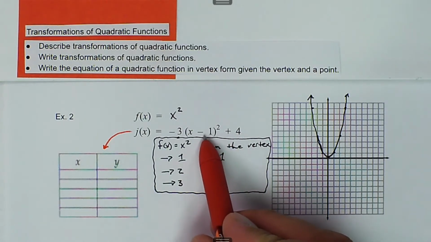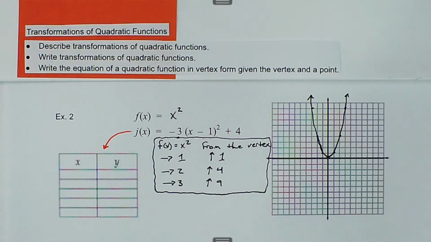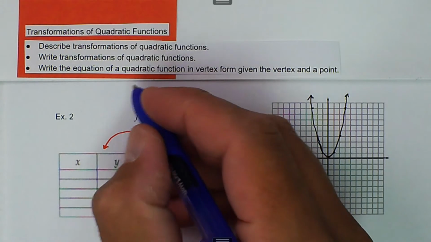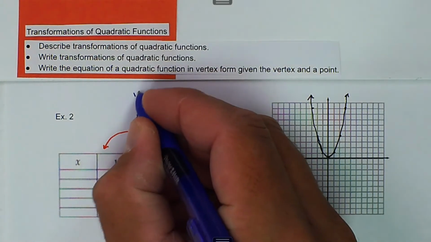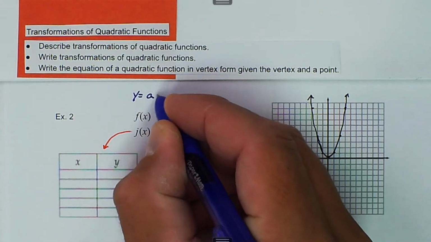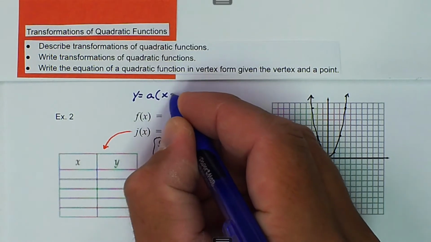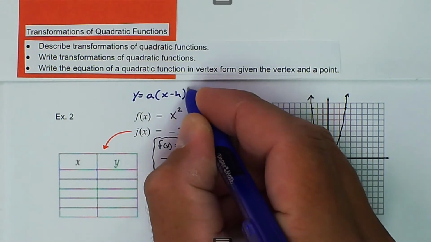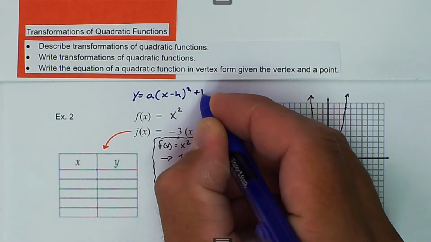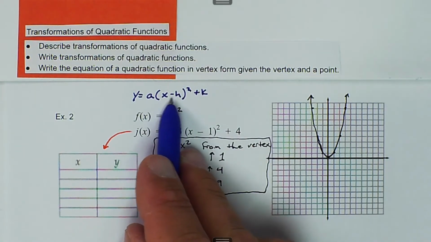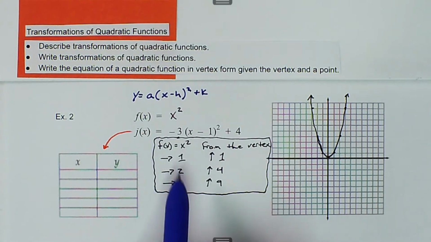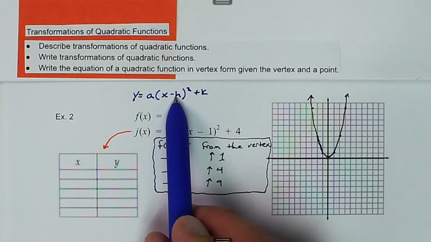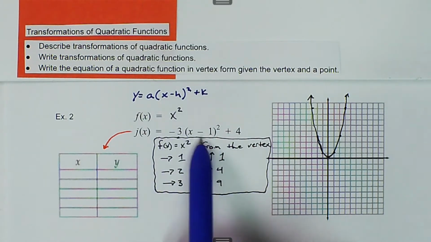Even though it looks like -1 here, remember this is backwards because the original function that we're given is y equals a times the quantity x minus h quantity squared plus k. So that negative sign throws everything off, because if we substitute in a positive 1, the negative sign stays.